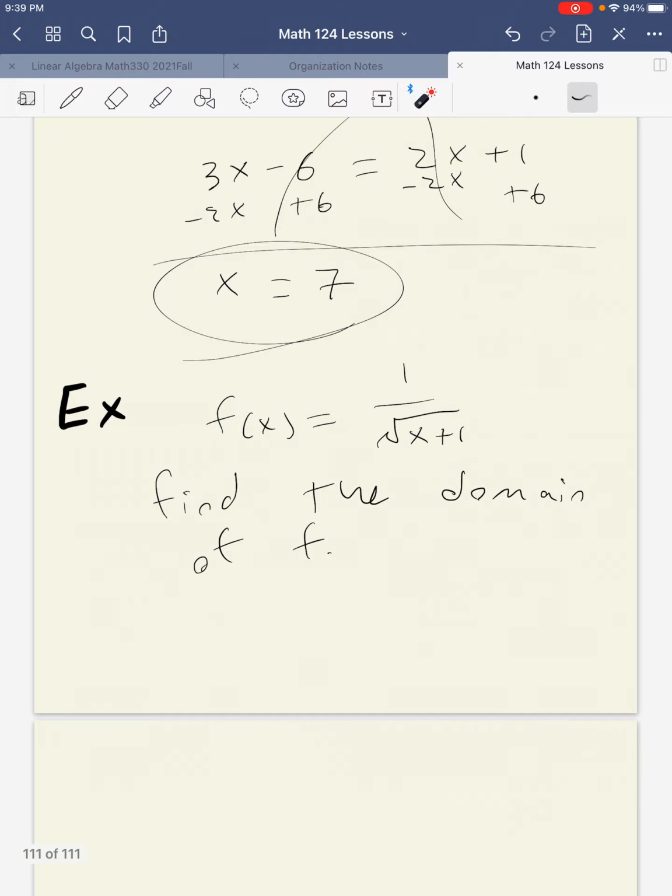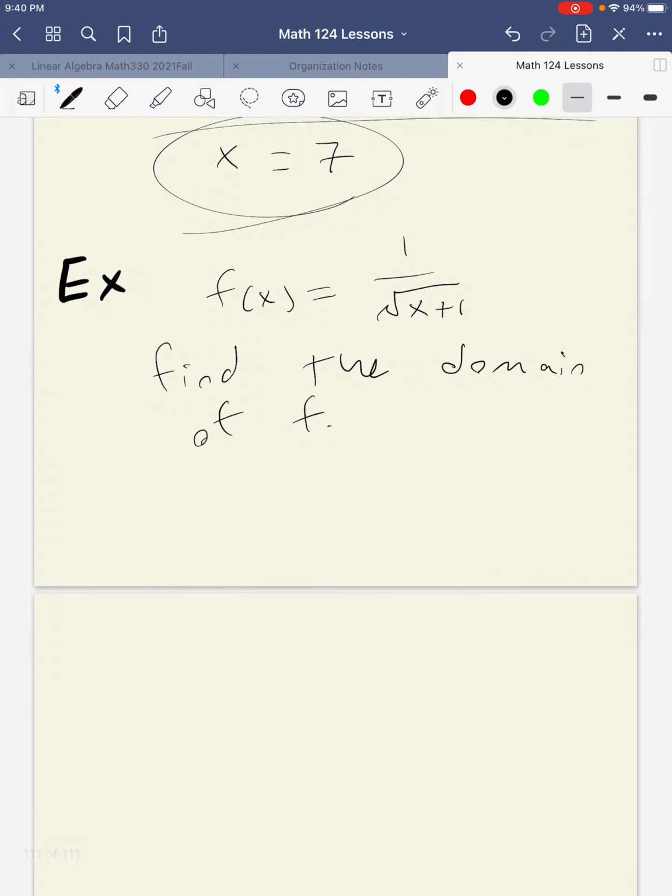The domain is all the x values we are allowed to plug into the formula. We have to be careful with a few rules. We are not allowed to plug a 0 onto the bottom, and we don't want to plug negative numbers into the square root. This function has a bottom and a square root in it, so we have to be careful with both of those things.